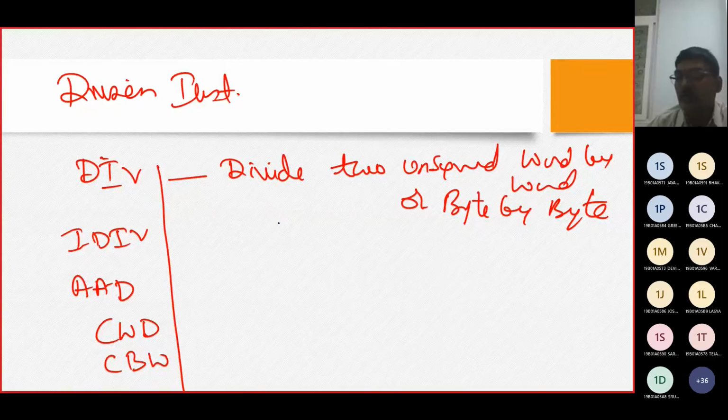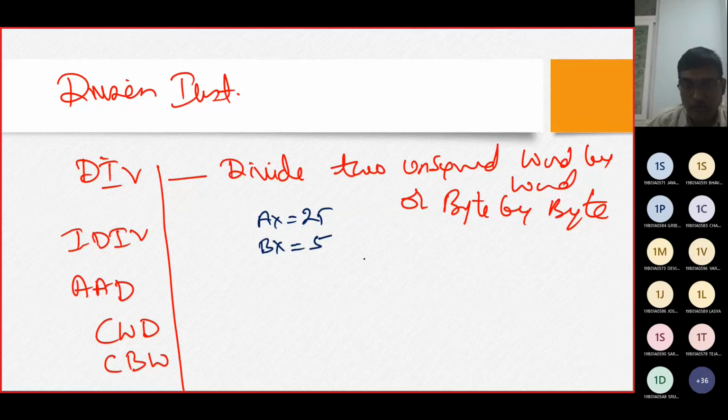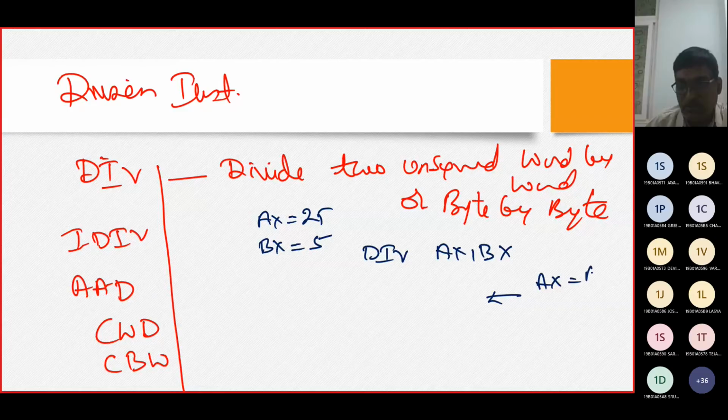In such a case, AX is equal to some 25 and BX is going to be some 5. Then a simple application, DIV AX comma BX. So obviously what is going to happen is AX is equal to AX divided by BX.